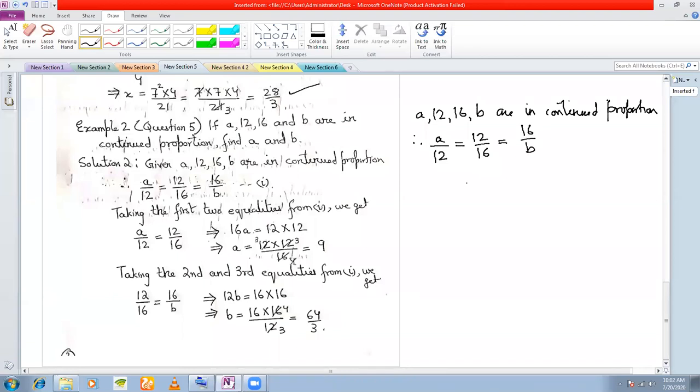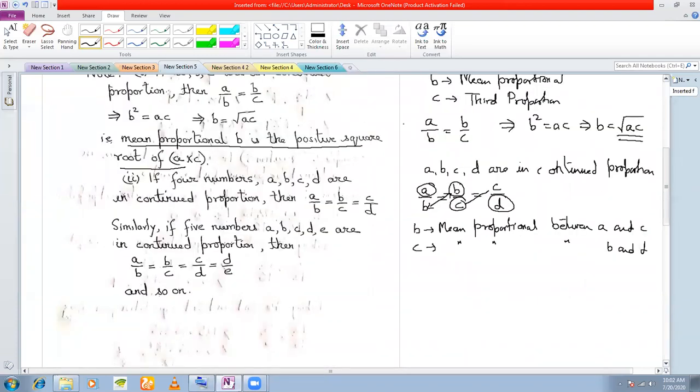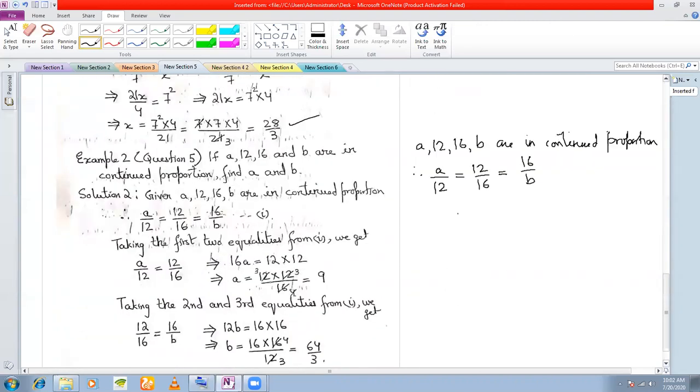This is how I had defined four numbers in proportion: a by b must be equal to b by c must be equal to c by d. So 12 is the mean proportional between a and 16, and 16 is the mean proportional between 12 and b.